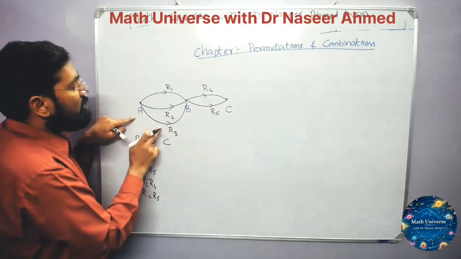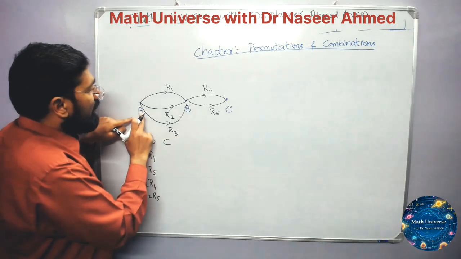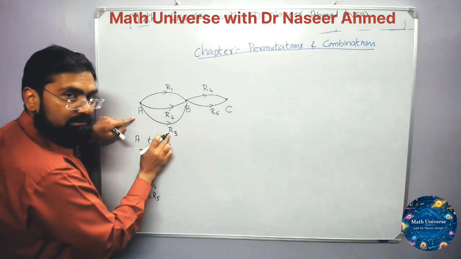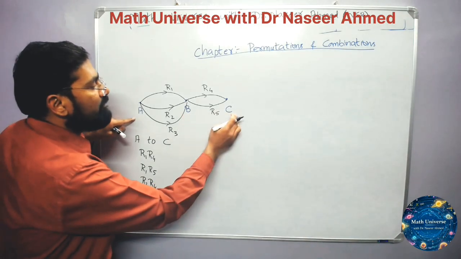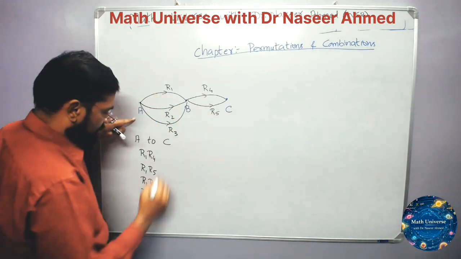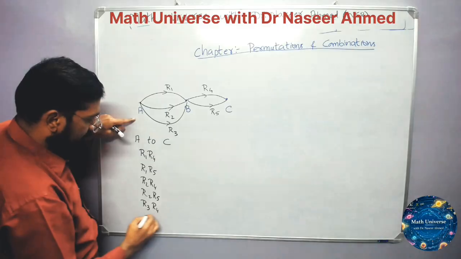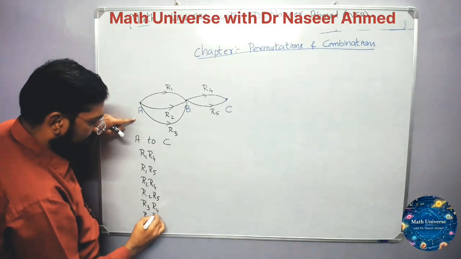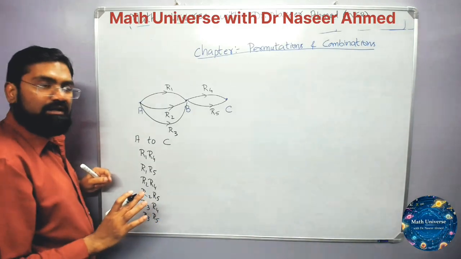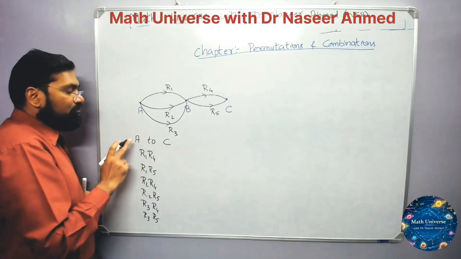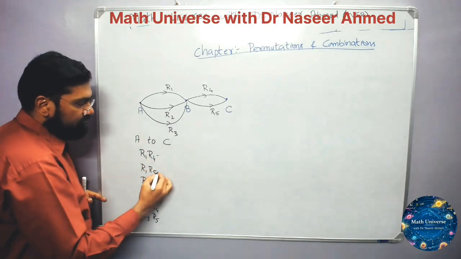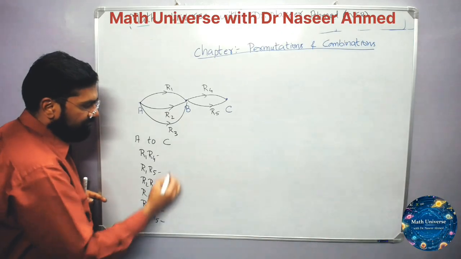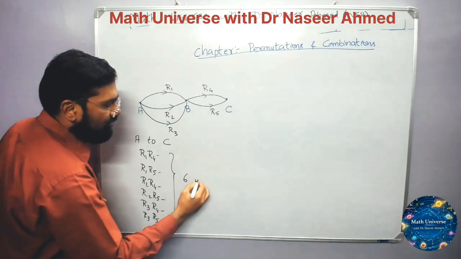Now, if I go with respect to R3, A to B through R3, and again from B to C, either R4 or R5. So let us write that. Try to count in how many ways we can move to the destination C from A. See how many are there? 1, 2, 3, 4, 5, 6. Totally 6 ways we have got.